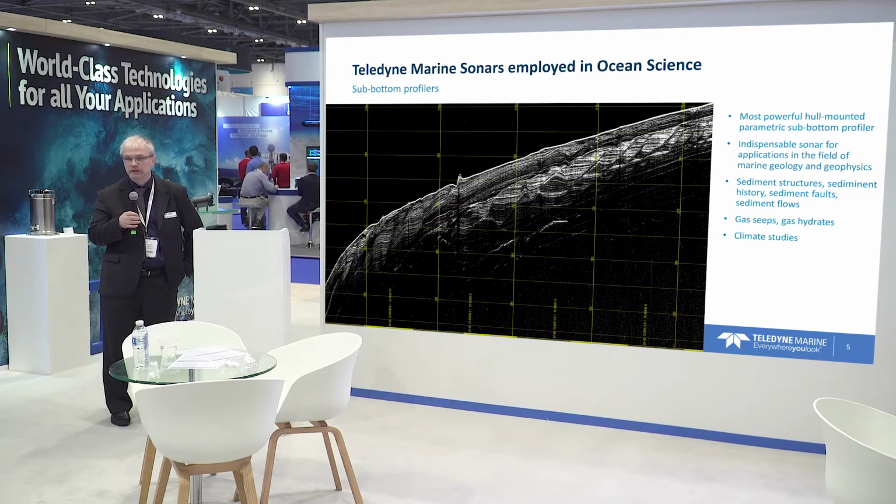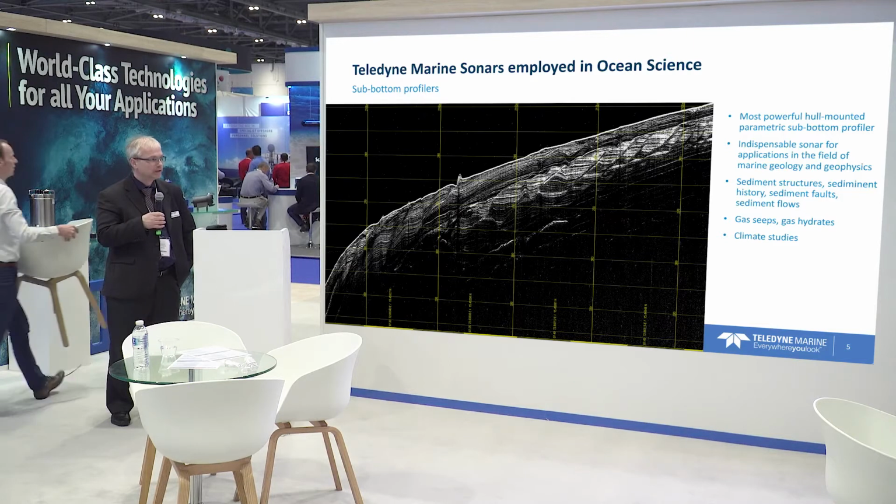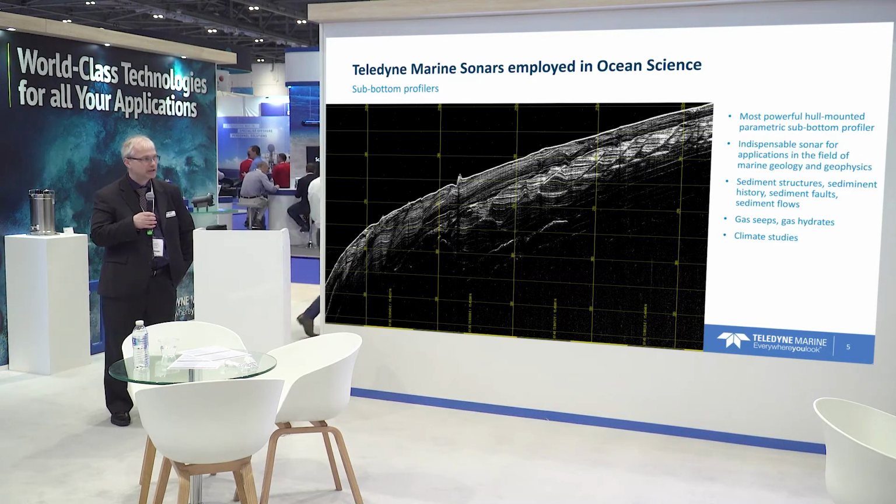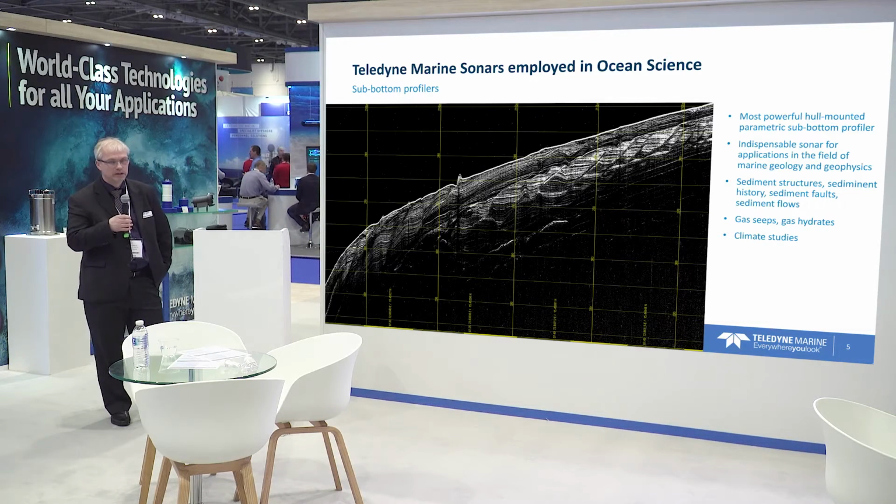Further, it's also deployed for studies on gas seeps and gas hydrates, but I will look into this in a minute. So it's quite an indispensable and versatile tool for a variety of marine geology and geophysical studies and applications.